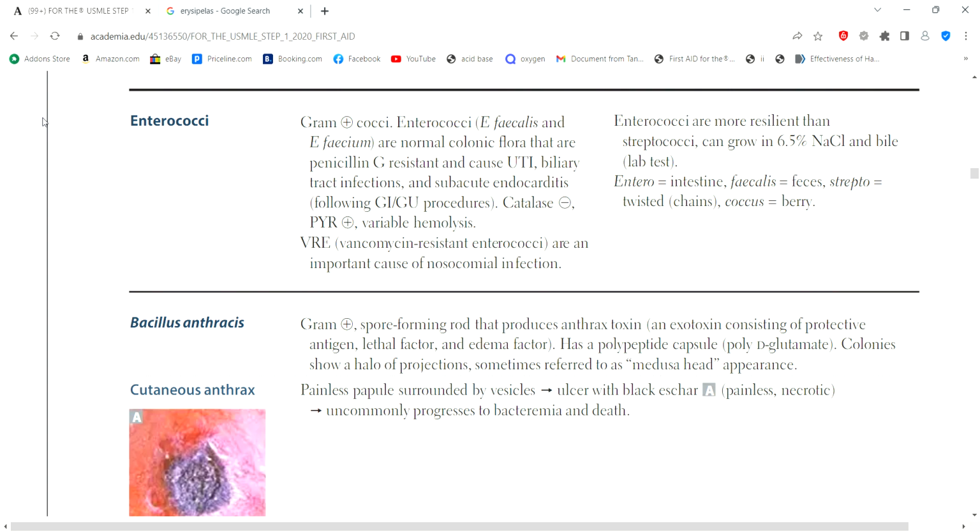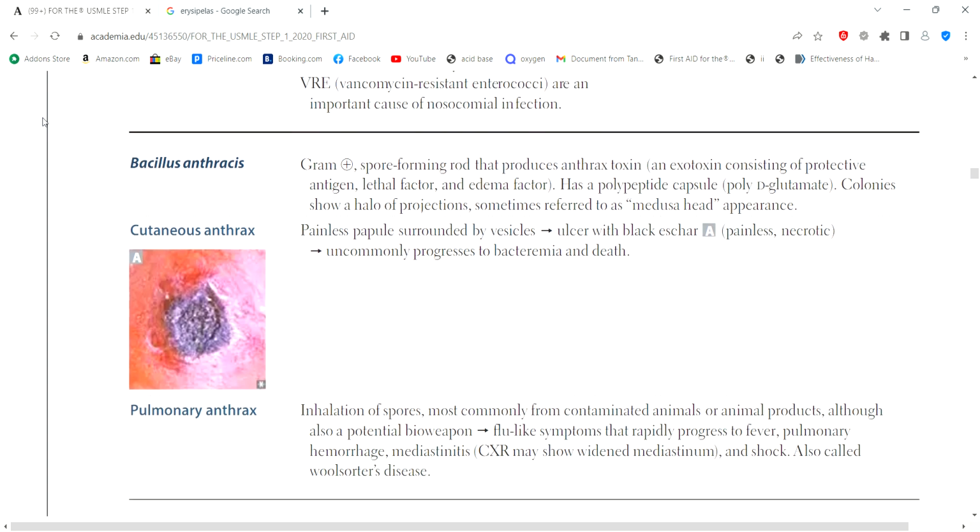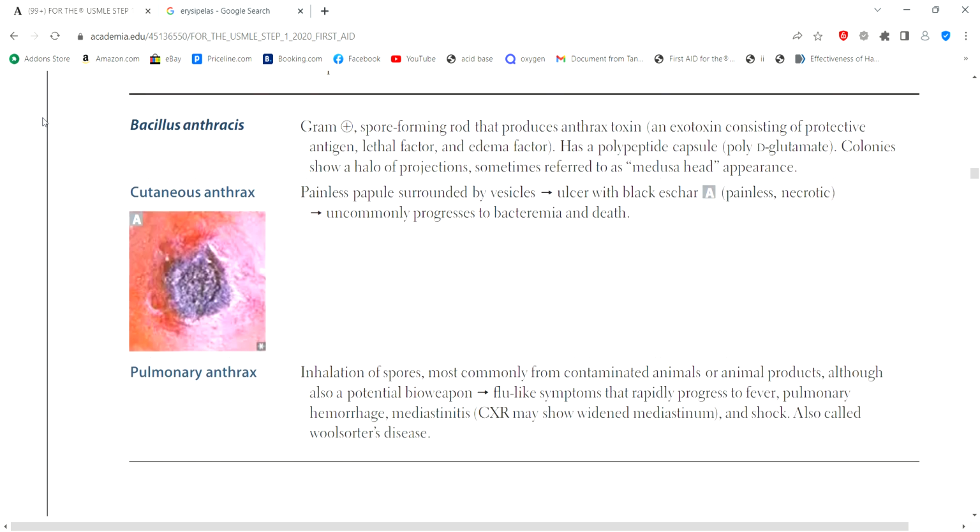Okay, next, Bacillus anthracis. Bacillus anthracis is a gram-positive spore-forming rod that produces anthrax toxin, which is an exotoxin consisting of protective antigen, lethal factor, and edema factor.